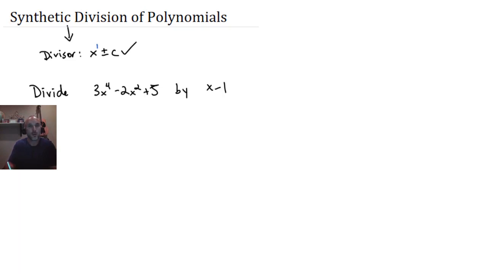But the problem is, if you look at this dividend, it's an x to the fourth polynomial. And so we have to make sure that we include every coefficient below the x to the fourth. And you can see this has no x cubed term.